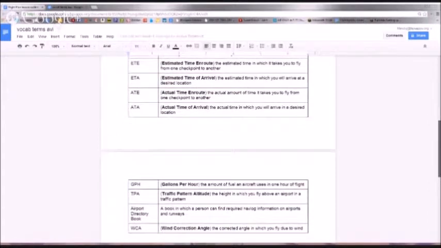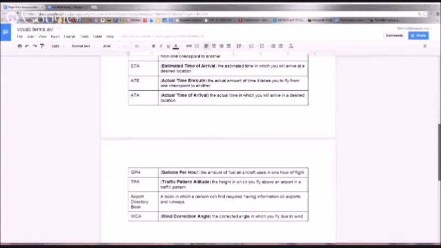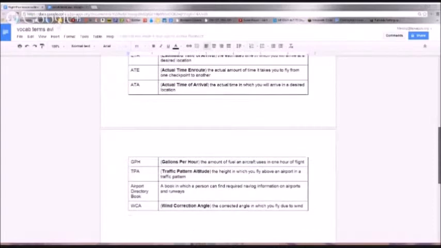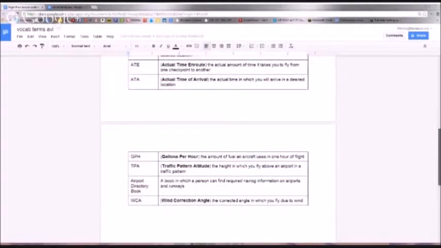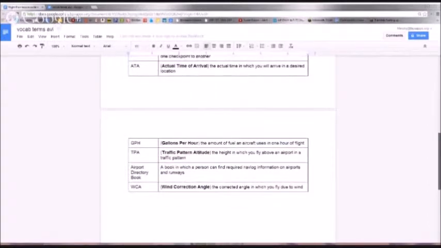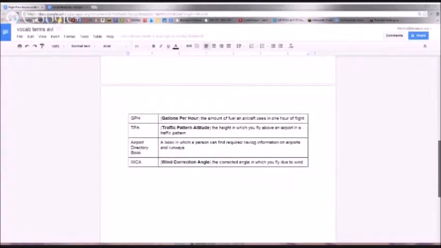ETE is estimated time en route, the estimated time it takes you to fly from one checkpoint to another. ETA is estimated time of arrival, the estimated time in which you arrive at a destination. ATE is actual time en route, the actual amount of time it takes you to fly from one checkpoint to another. ATA is actual time of arrival, the actual time in which you arrive in a desired location.